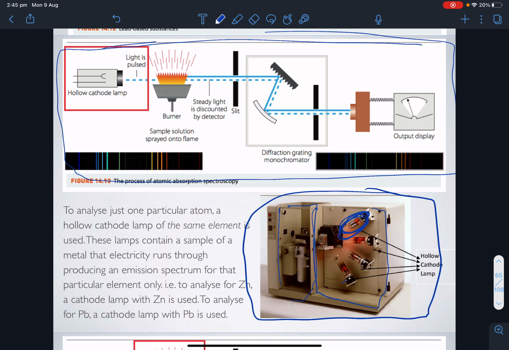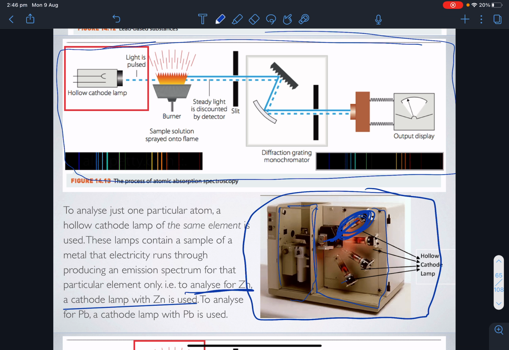And electricity runs through this lamp and it excites the metal filament in there. And that emits its signature spectral lines from electrons being excited. Okay, so it emits that spectrum out and we direct that at our sample. For example, if we want to analyze for zinc, we'll use a hollow cathode lamp with a zinc filament in it.